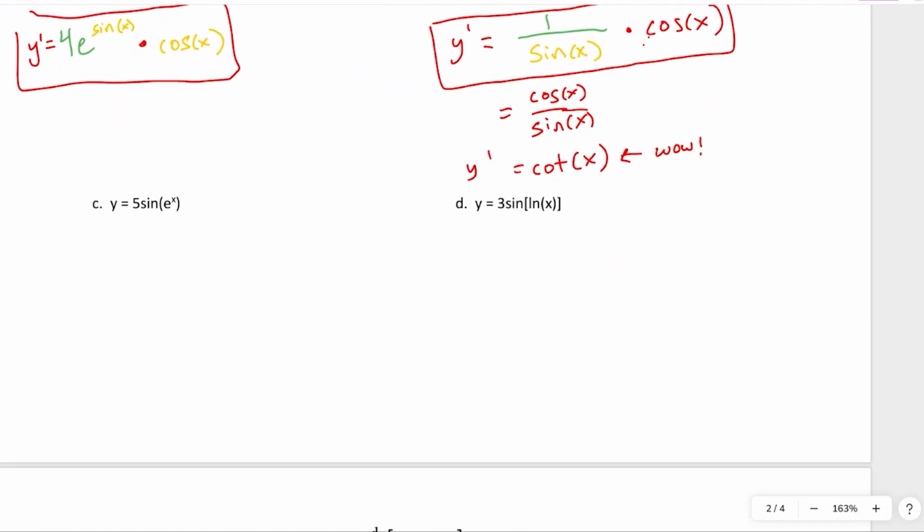Letter C, the outside function is 5 times sine, and the inside function is e to the x. So y prime equals 5 cosine of e to the x times the derivative of e to the x, which is just e to the x again.